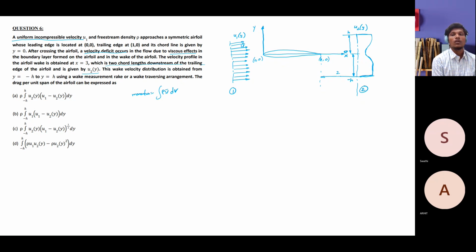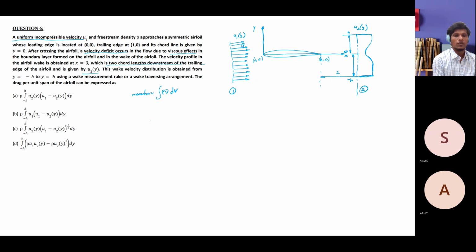So if you are writing your momentum, for my mass at station 1 and station 2, I need to calculate the momentum deficit. I only use the mass that is taken into consideration for these measurements of the momentum deficit velocity. That mass only I will take, and the same amount of mass I will apply for the momentum at station 1 and the momentum at station 2.